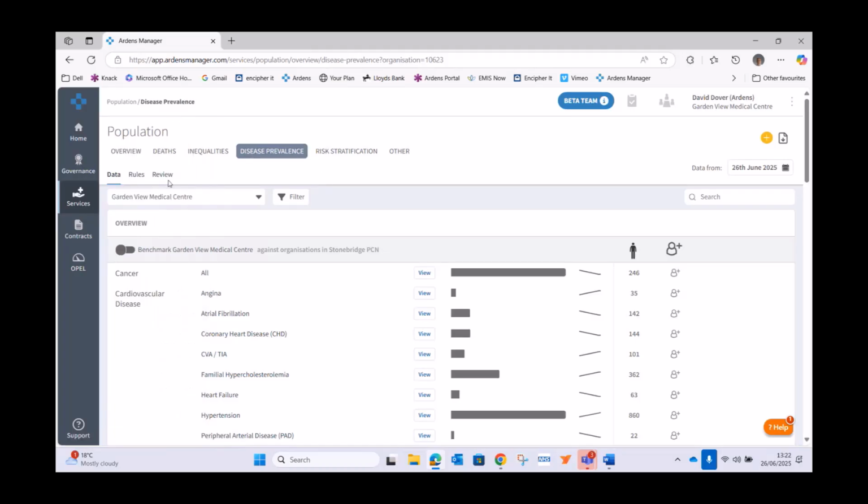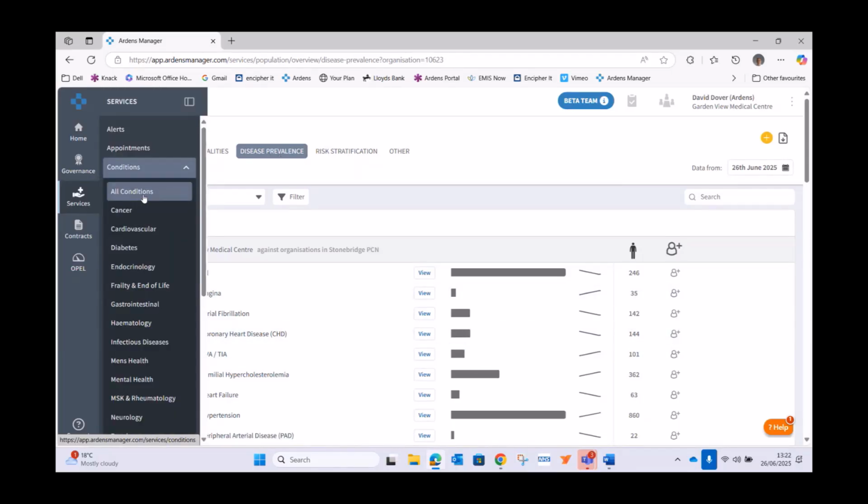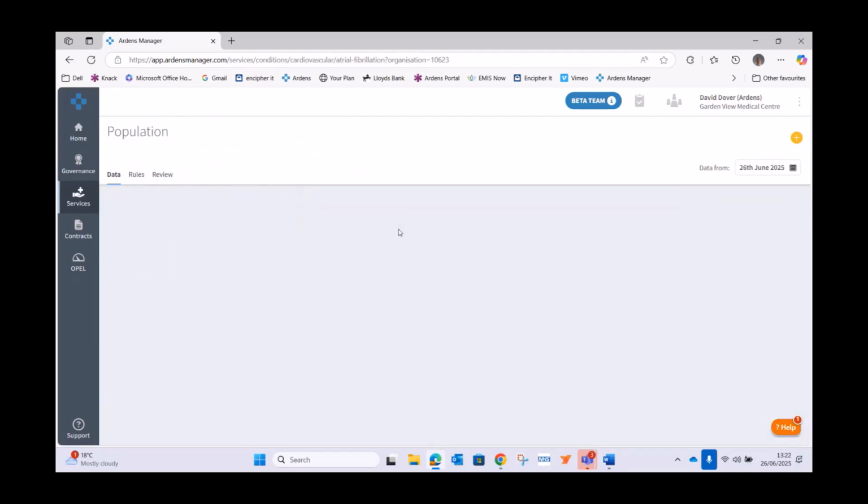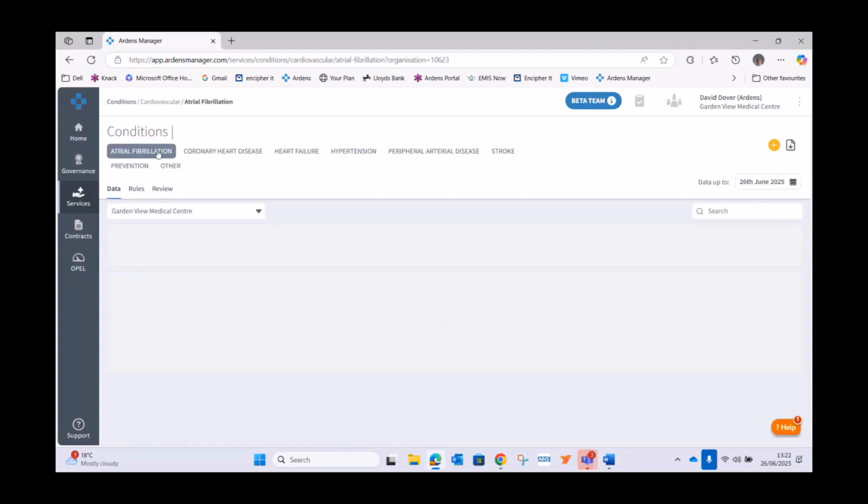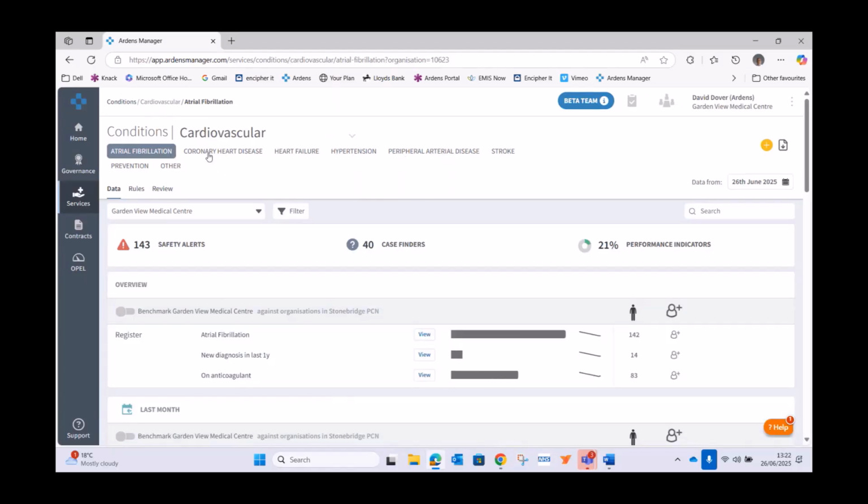But again, based on the fact that you know what your population looks like, you know what your disease prevalence figures are like, you go back to the services, go to conditions and go down to cardiovascular. Then along the very top there, it's going to break it all down: AF, CHD, heart failure, and so on. So as a practice, I can dip into each and every one of these as and when I see fit.